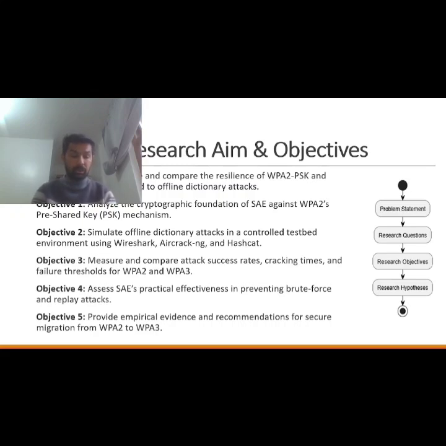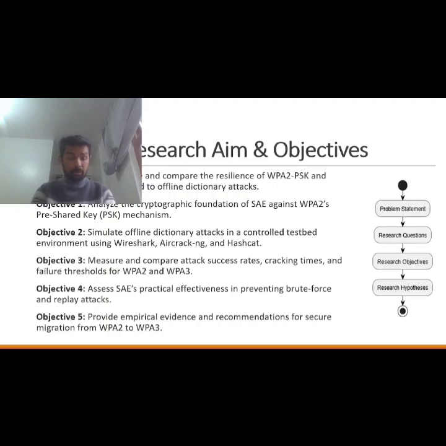Objective one is to analyze the cryptographic foundation of SAE against the WPA2 mechanism. Objective two is to run simulated dictionary attacks in a safe lab setup using different tools. Objective three is to measure and compare attack success rate, cracking time, and failure threshold for WPA2 and WPA3.